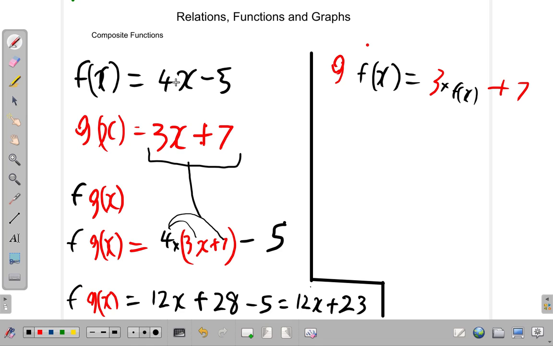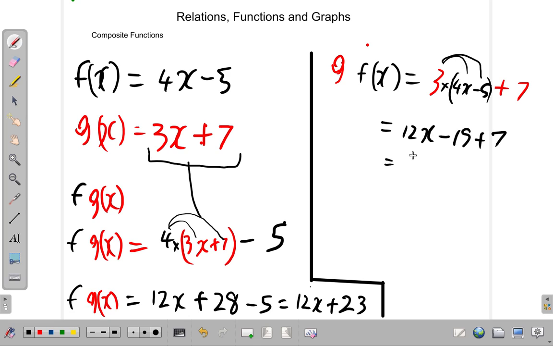What is f of x? What exactly is f of x? It is 4x minus 5. So why don't you write that down? 3 multiplied by 4x minus 5. So what we have is going to be 3 times 4 gives you 12x, minus 3 5s, 15, plus 7.